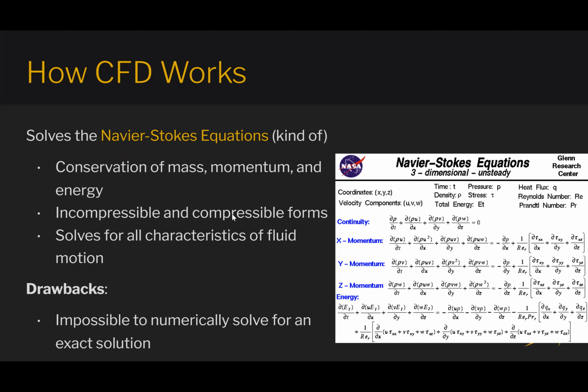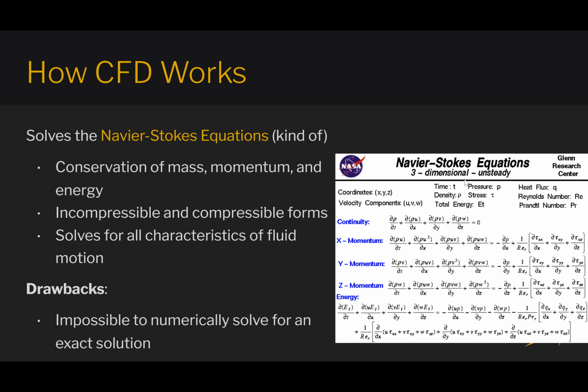There are incompressible and compressible forms of the Navier-Stokes equations. You don't have to worry too much about what these are, but if you're familiar with compressible flow, you just include more terms in the Navier-Stokes. That's kind of it. Incompressible is just an easier, simplified version of the Navier-Stokes equations.